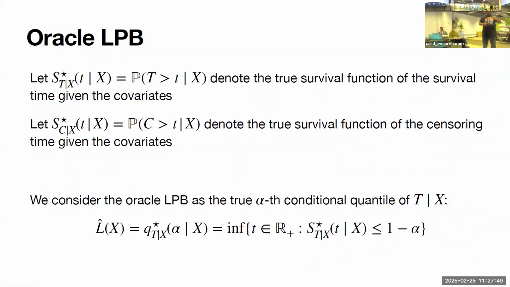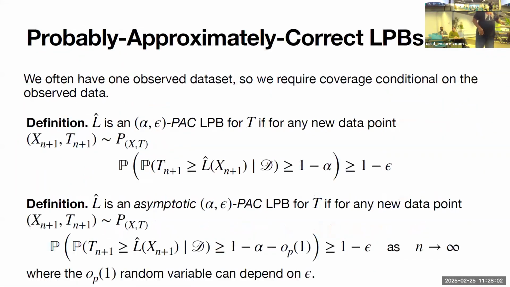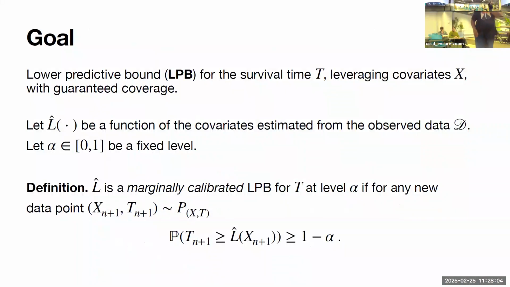All right. How do we use these definitions? Well, first I want to describe what an oracle would do. So the construction of a prediction bound is actually quite simple. Why is that? Well, if you look at the statement, let me just go back to the initial statement. If T_{n+1} were actually, so T_{n+1} is a random variable, therefore this is actually the survival curve of T_{n+1} at L hat, if I were able to condition on X_{n+1}.